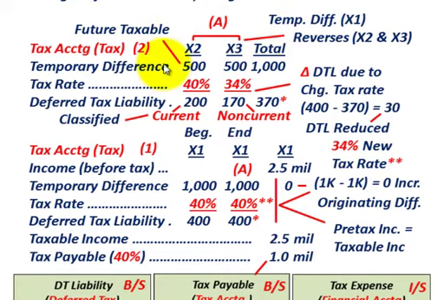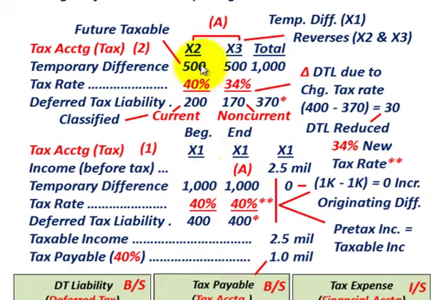Remember, that total amount of $1 million at the end of year X1 is going to reverse itself over the next 2 years, year X2 and year X3, in equal amounts of $500,000 each year. That's going to be our future taxable amount for each of those years.